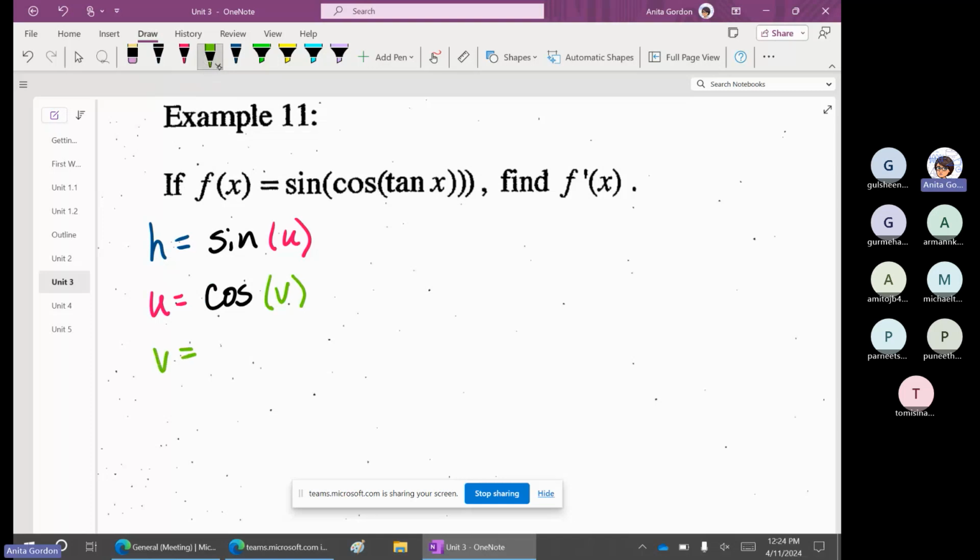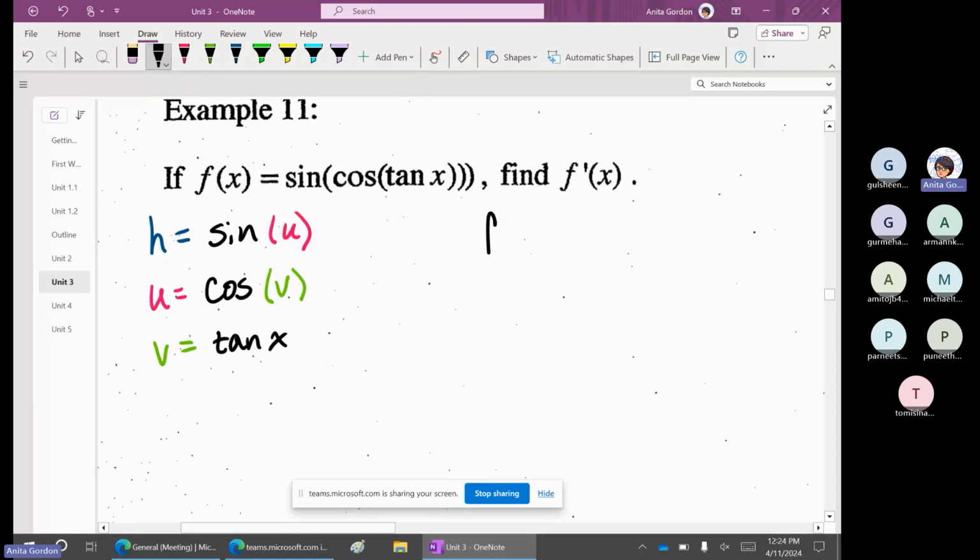V is tan X. Okay. So F prime is H prime times U prime times V prime. Yeah, we're good? Okay, let's continue.